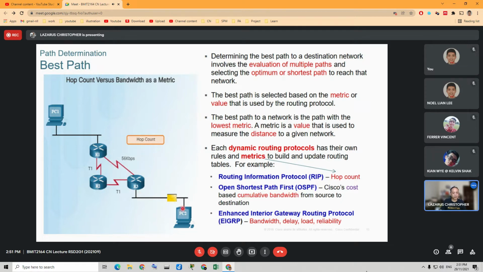Both reach this PC2. So both will match, so it's ambiguous to the router. The router needs to know which one to select. So it depends on which protocol you want to use. The router, based on the protocol, will decide to compare hop count, cumulative bandwidth, or this.